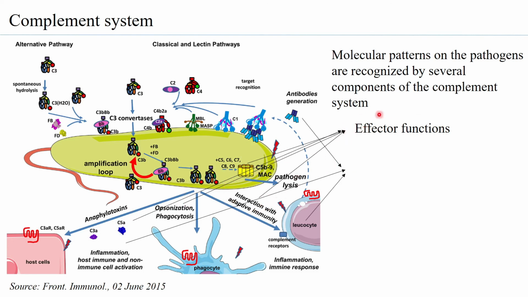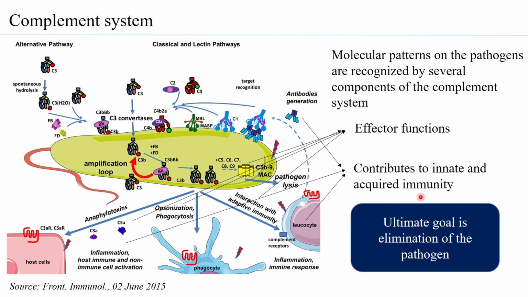All these are effector functions. So you can see how the antibodies that are generated, along with complement, contribute to the innate immunity, and when B cells get activated, they contribute to the acquired immunity. So the ultimate goal, whether it is innate or acquired immunity, is the elimination of the pathogen.